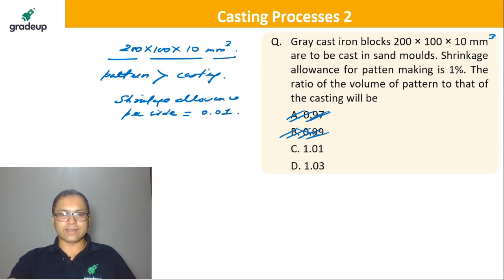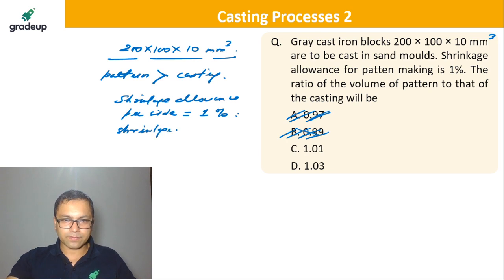It's not volumetric actually. It's per side. So I'm going to just write 1% here. So shrinkage allowance per volume should be how much?